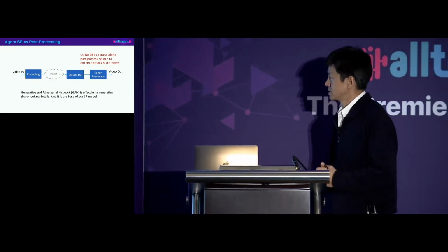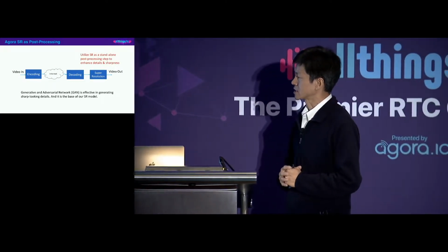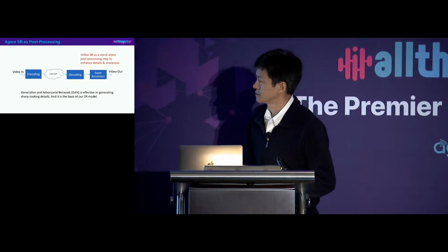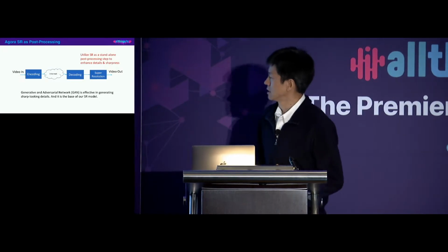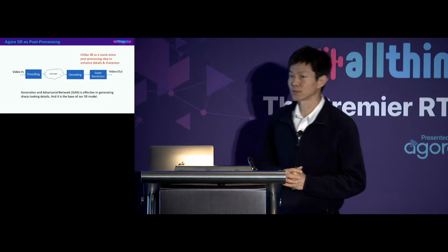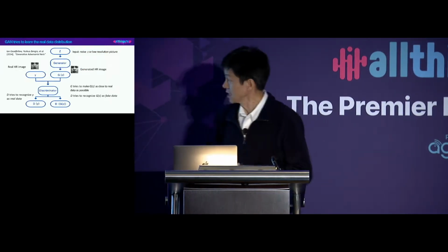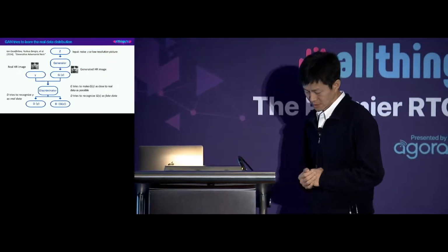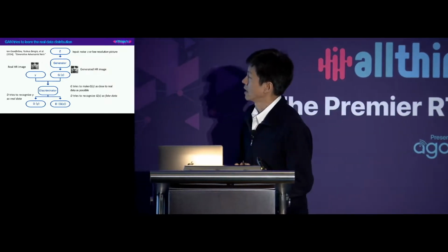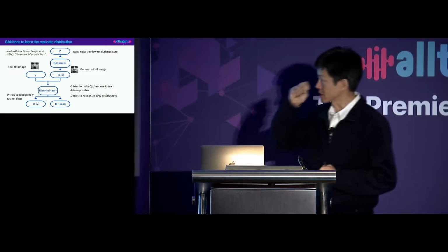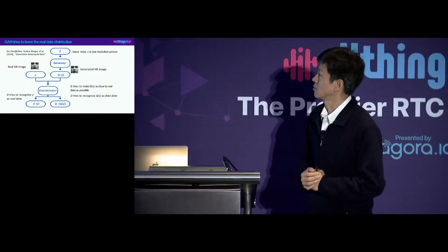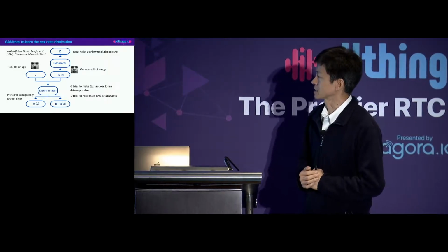And the generative adversarial network is very effective in generating sharp-looking details. It is also the base of our super resolution model. In 2014, Ian Goodfellow and Yoshua Bengio and their colleagues published their monumental work called Generative Adversarial Nets.